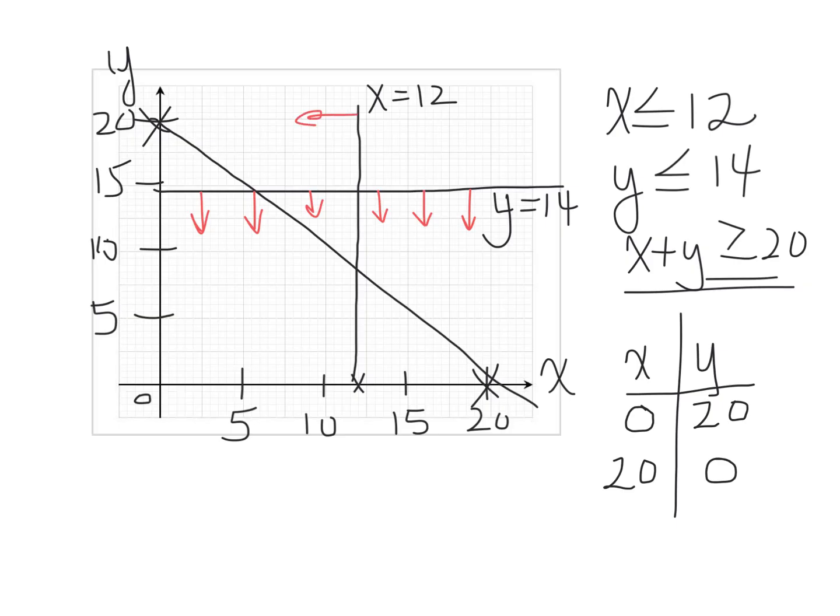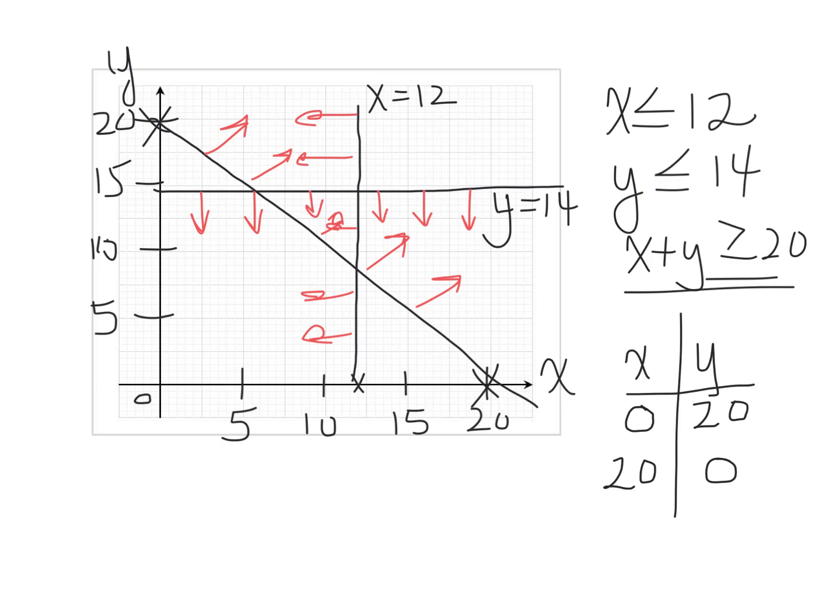So they're going to be on this side of that x equals 12 line, right? Okay. And x plus y have to be greater than or equal to 20, so it has to be above that inequality there. Yeah? Okay.